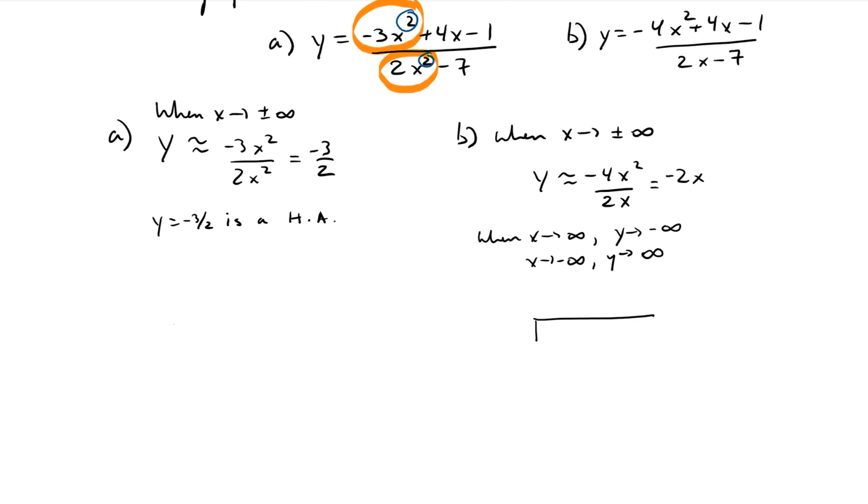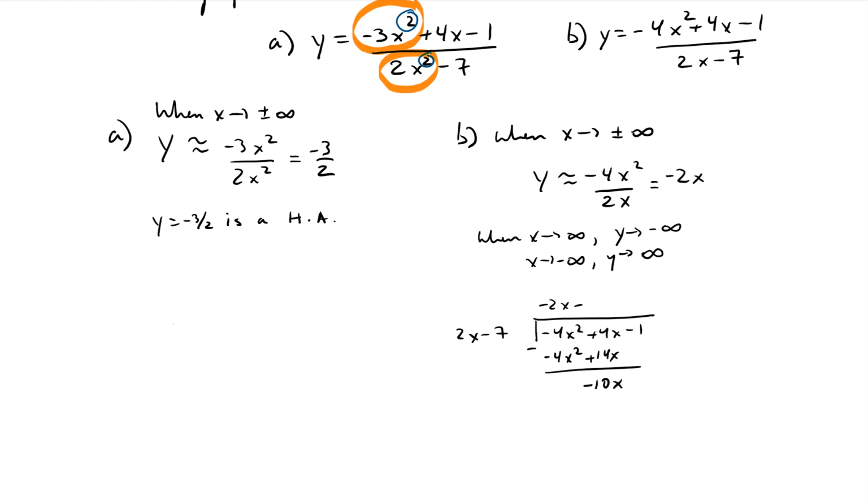But since there's not a constant here, I'm going to do long division to find what my slant asymptote is. So I'm going to take minus 4x squared plus 4x minus 1 and divide by 2x minus 7. 2x, I need to multiply it by minus 2x to get minus 4x squared. That gives me minus 4x squared after multiplying, plus 14x. Then we subtract. 4 minus 14 is minus 10x.